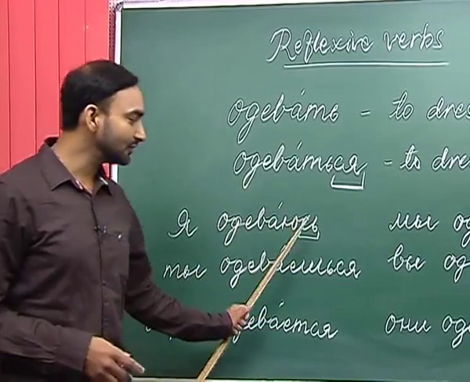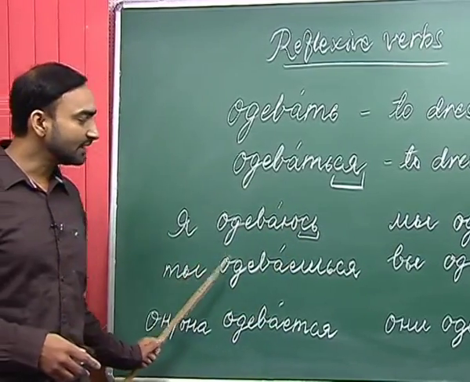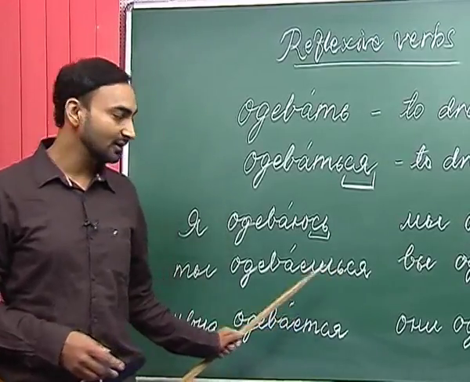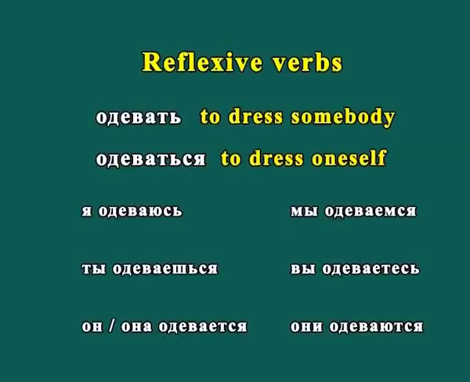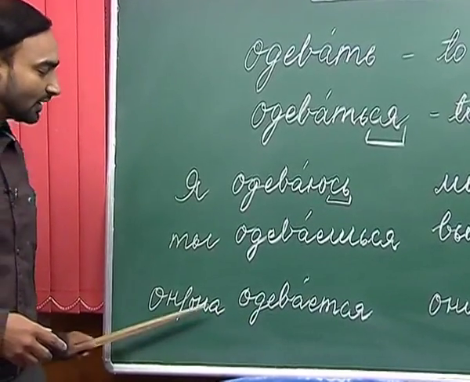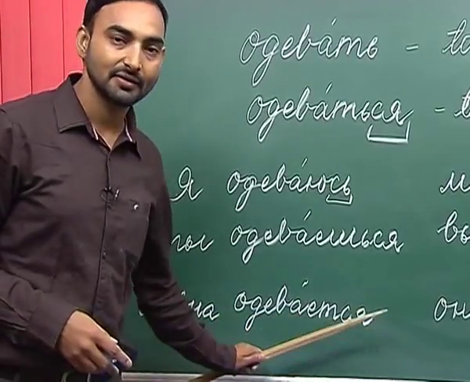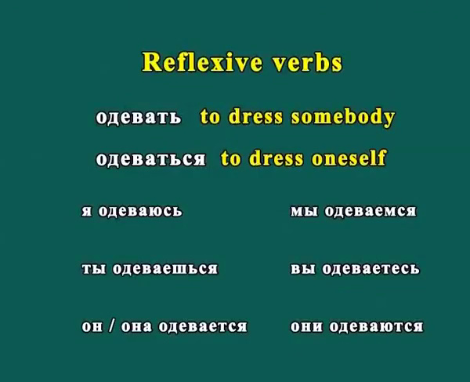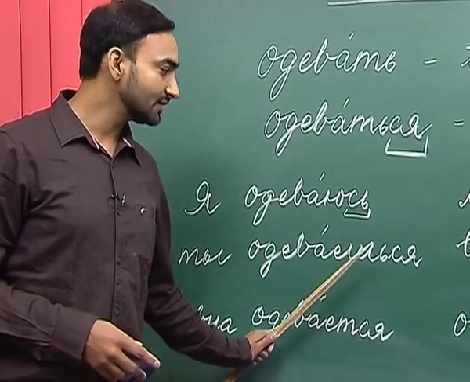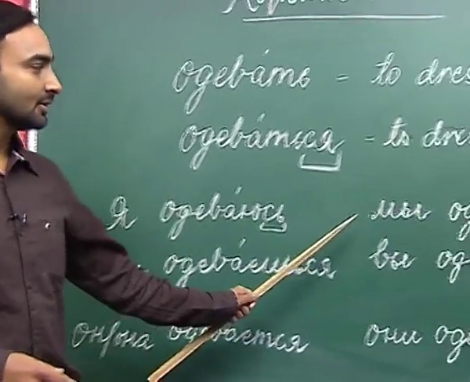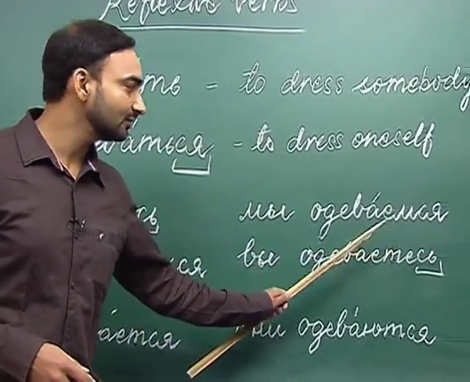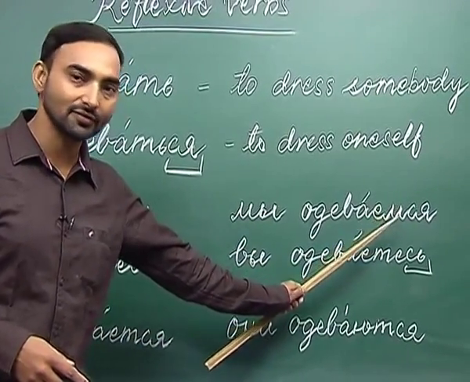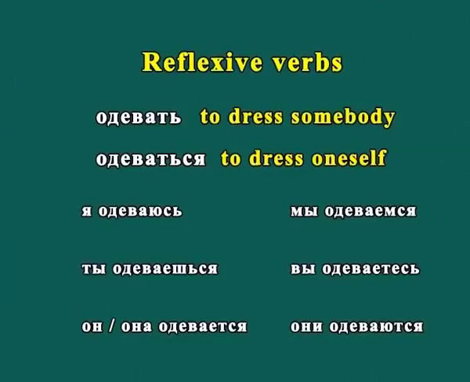Ya odevayus, ty odevayesh'sya, but here this ends with a consonant, that is why we have added sya, not sa and soft sign. The same way, on/ona odevayetsya, here also this ends with a consonant, that is why we have not used sa and soft sign. My odevayemsya, again m is there which is a consonant, so we will add sya to it.